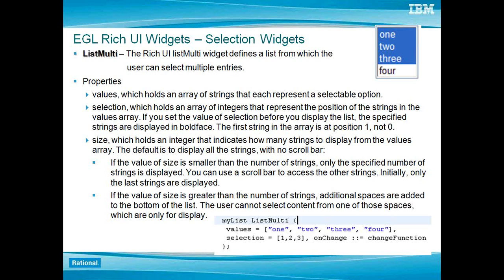So 1, 2, 3, these values will be selected. So using the selection property, we can know what values are being selected. 1 refers to the first value, 2 refers to the second value inside of your values array or values parameter.